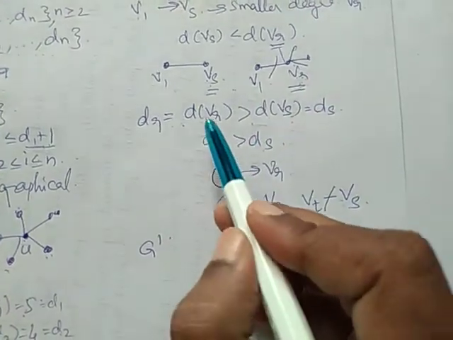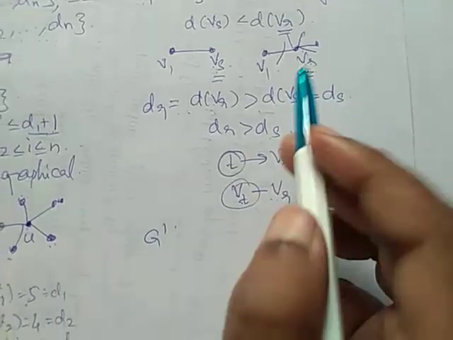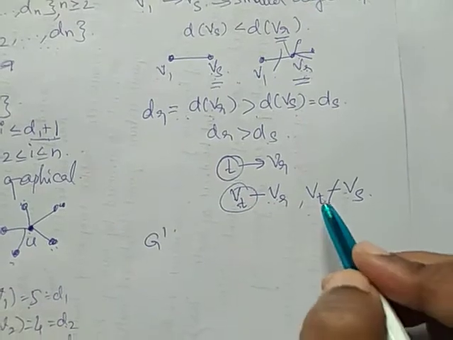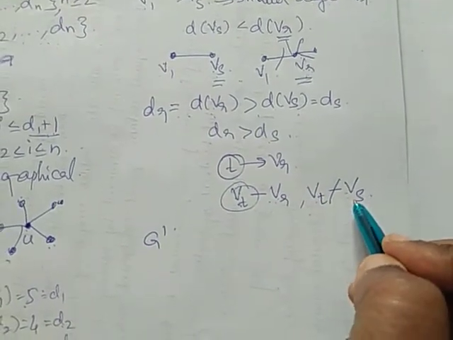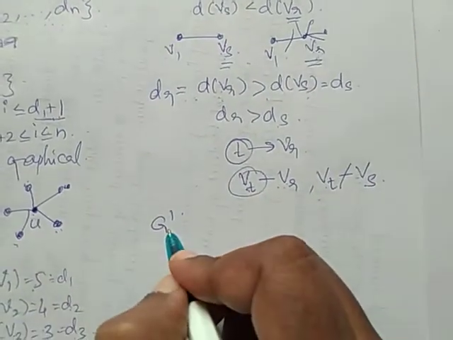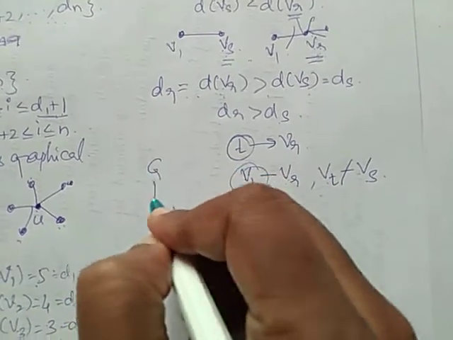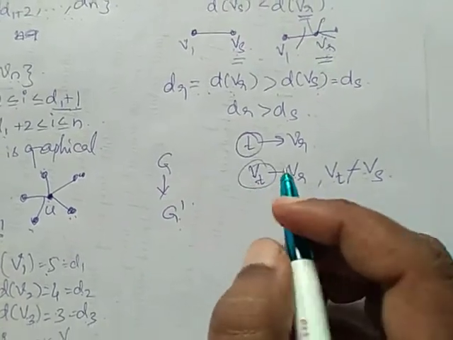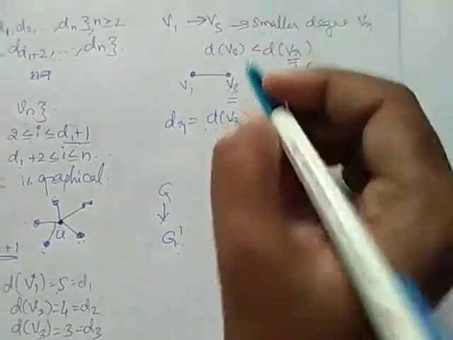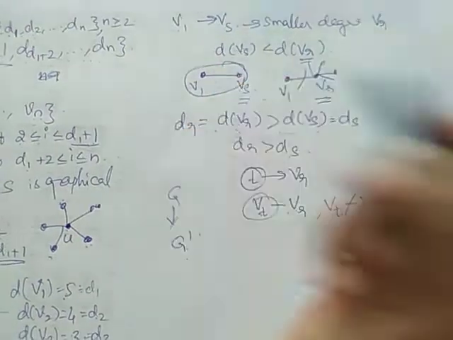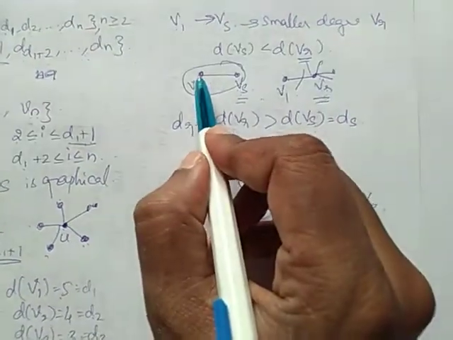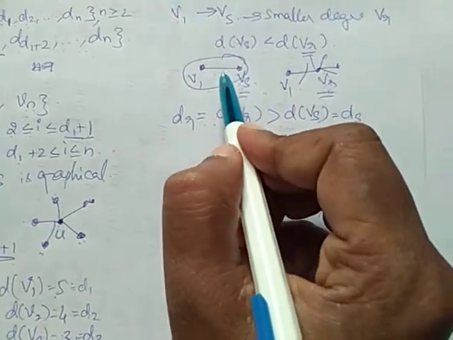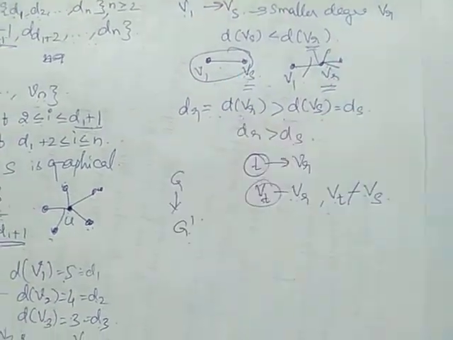The degree of Vr is greater than the degree of Vs. In this case, there exists a vertex Vt such that Vt is adjacent to Vr and Vt is not adjacent to Vs. Now, G dash is obtained from G by removing the edges V1Vs, where V1 is adjacent to a smaller degree vertex, and VrVt.